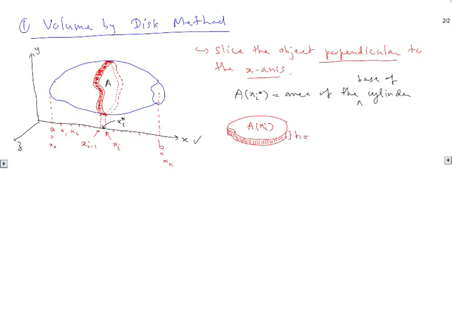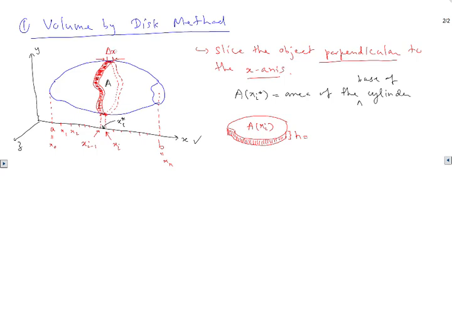But since the thickness h is moving in the x direction, what is the height? This height is simply delta x. You can see this height simply becomes delta x.